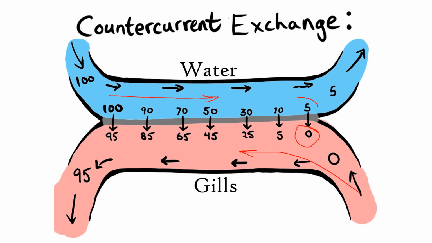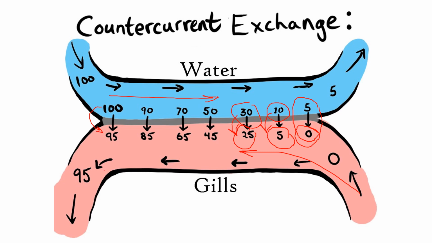But there's still a gradient here. 5 is larger than 0, so a small amount of oxygen can diffuse. Move along again. Now there's a small amount of oxygen in the blood. This touches slightly more oxygenated water. Still a gradient, so oxygen's diffusing in. And again, you see the same thing. Look, oxygen is diffusing in. So along the entire length of this gill membrane, you're exchanging oxygen in.